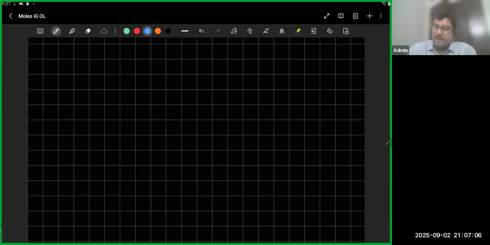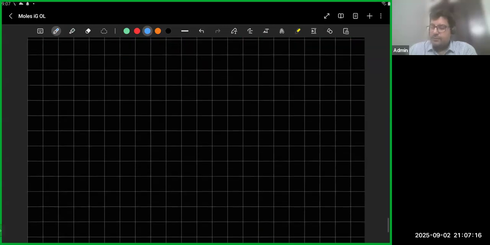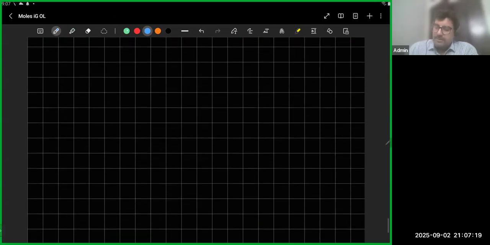You can remember all our counting is done in moles. Atoms are counted in moles. Molecules are counted in moles. Okay, all the counting is done in moles. So coming back to the equation, this is how all moles questions are going to be solved. But first to the equation.